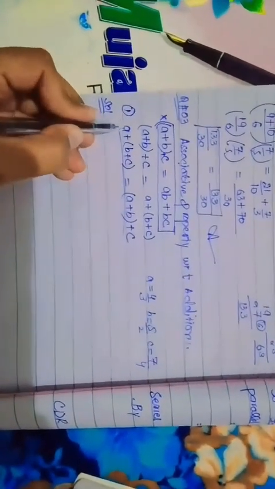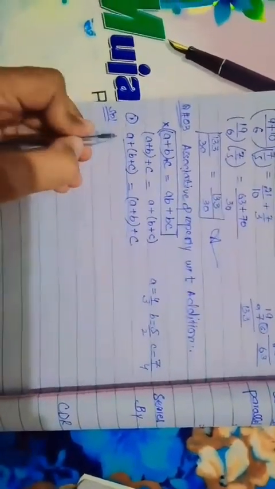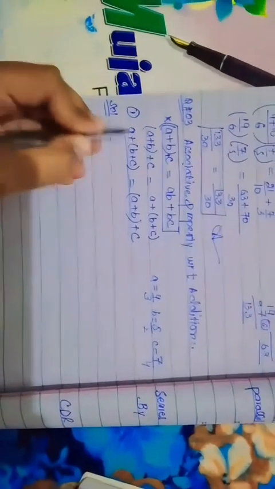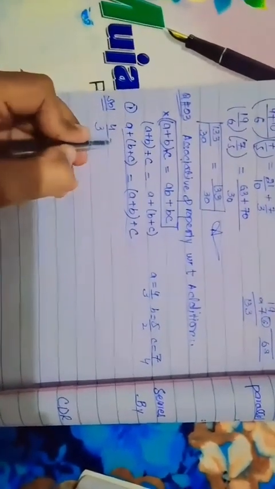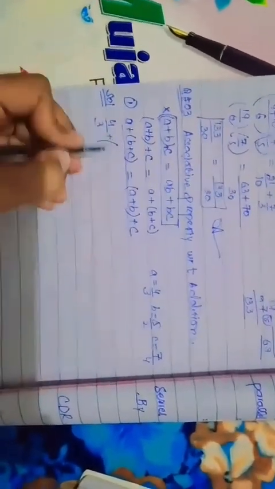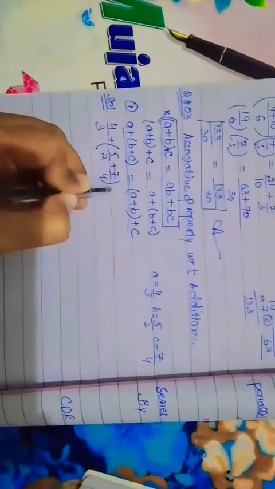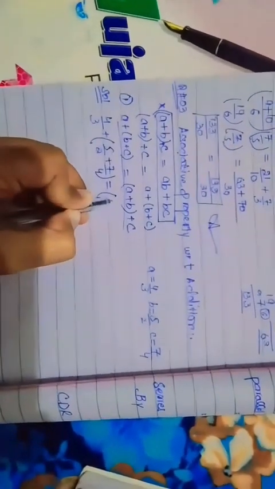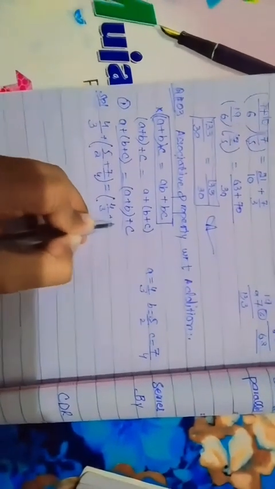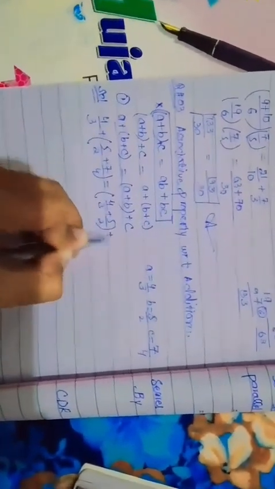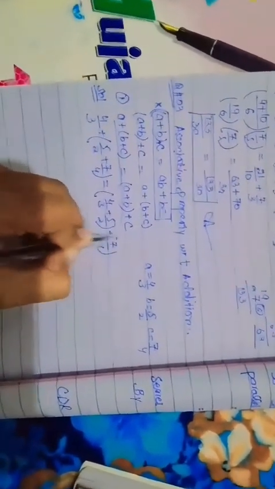So we will put these values: a is 4 over 3 plus b, 5 over 2 plus 7 over 4.